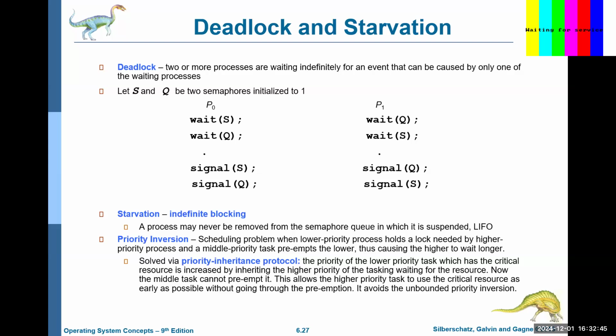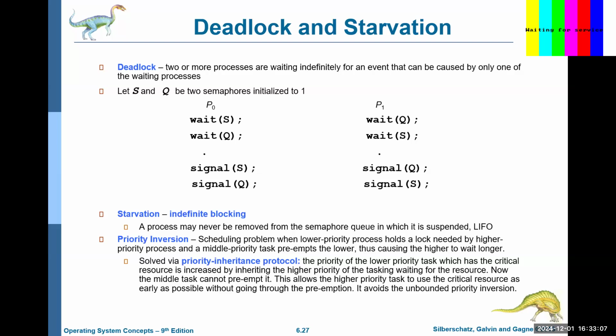If you had a LIFO, you could also have priority inversion. This is a nice word, priority inversion. What is a priority inversion? It's a scheduling problem when a lower priority process holds a key needed by a higher priority process. I have the key for you, but you're a higher priority.